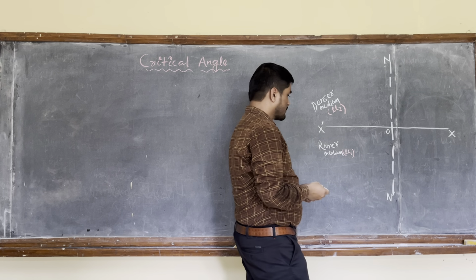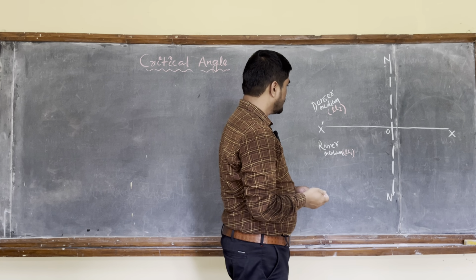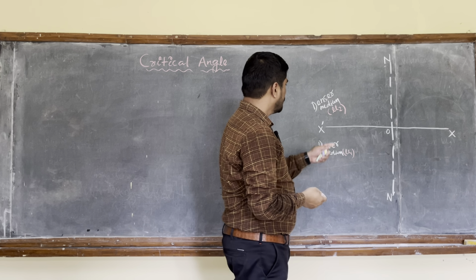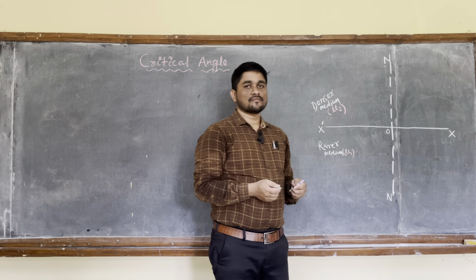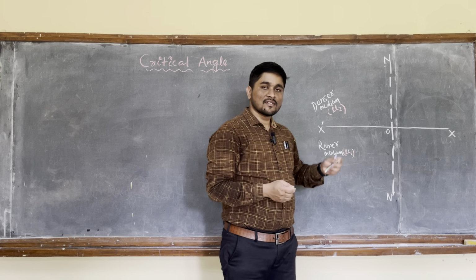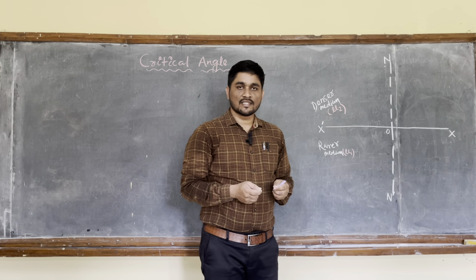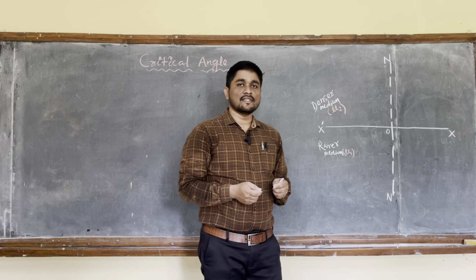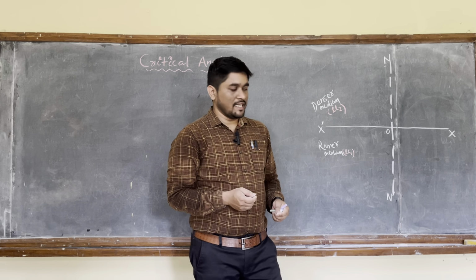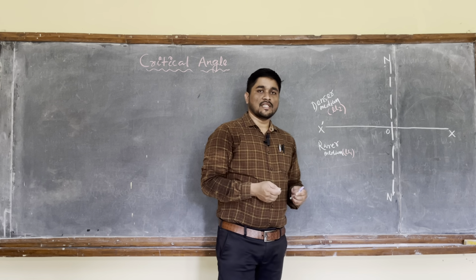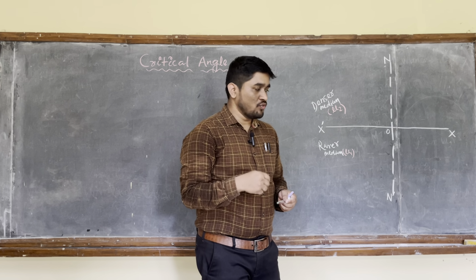Here the ray of light has to travel from the denser medium to the rarer medium, and in refraction of light we had already discussed, when the ray of light travels from a denser medium to a rarer medium, then it will bend away from the normal.